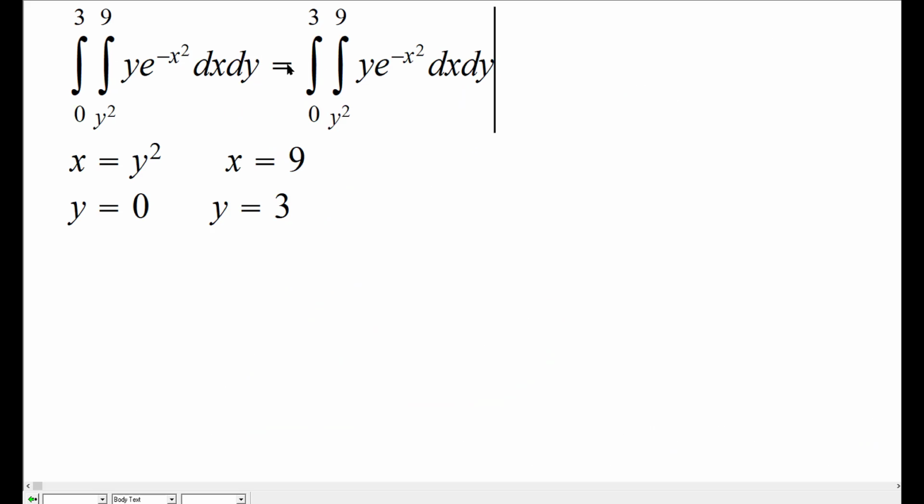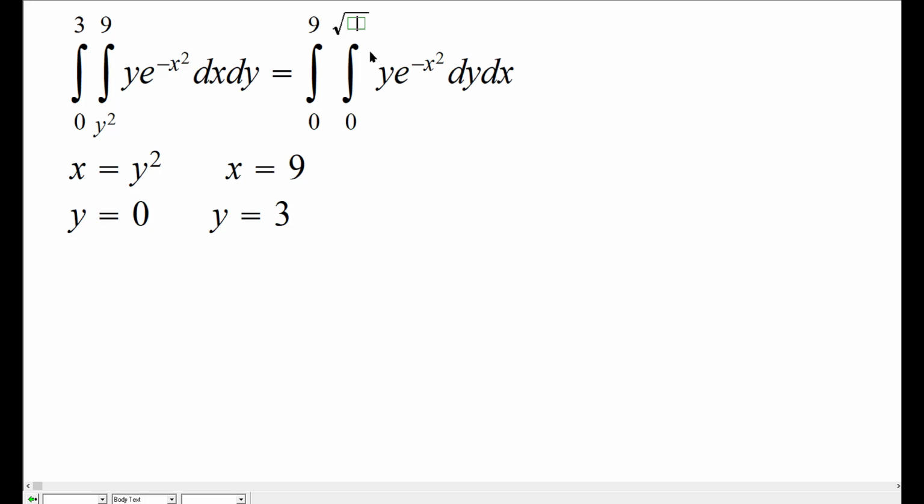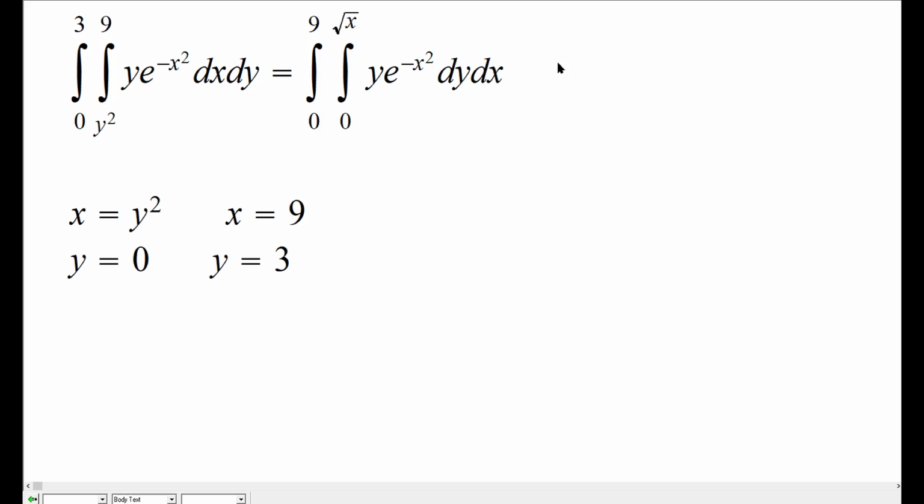So what we are going to do now is change the order here, instead of first with respect to x and then with respect to y, to first with respect to y and then with respect to x. So x ranges from 0 to 9 and y ranges from 0 to square root of x. All right, so here we go, and now we are going to integrate with respect to y, treating x as a constant.